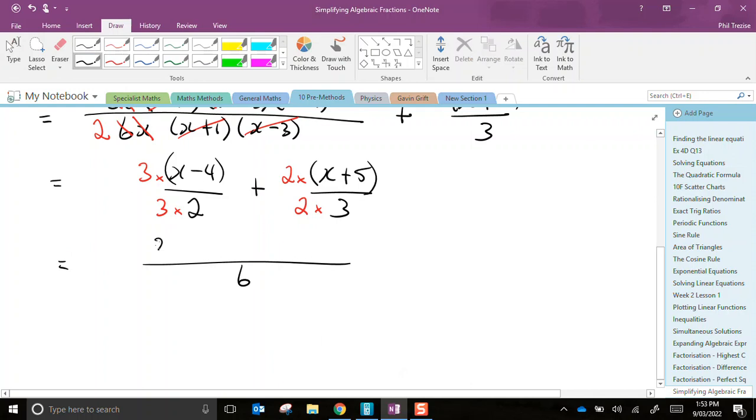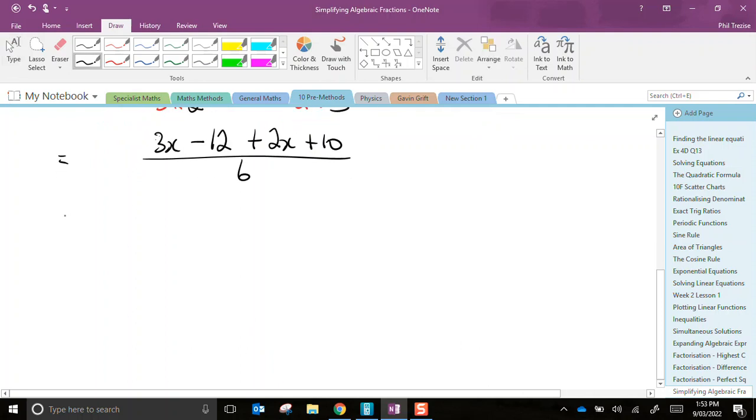Expanding out, 3 times x, 3 times negative 4, that's minus 12, plus 2 times x, that's positive 2x, plus 2 times 5, that's a positive 10. And now collecting like terms, 3x and 2x are 5x, negative 12 plus 10 is minus 2, divided by 6. We have simplified this expression considerably.